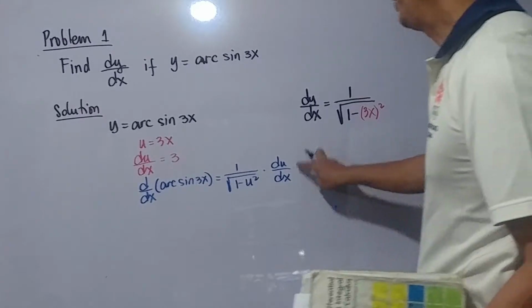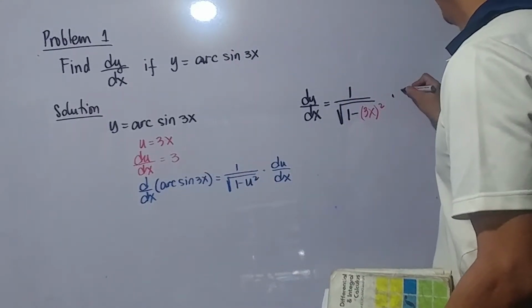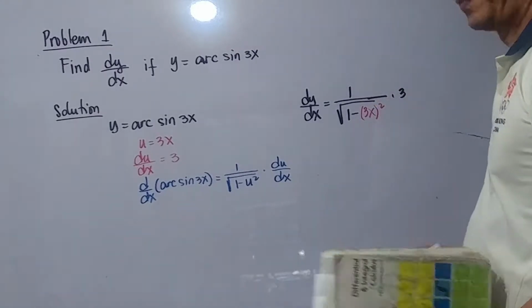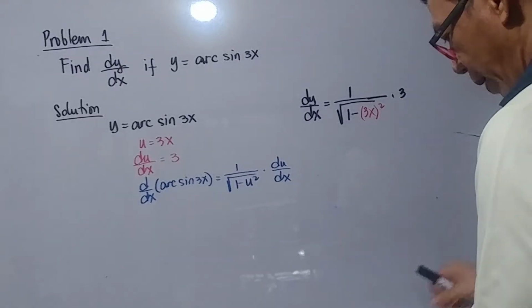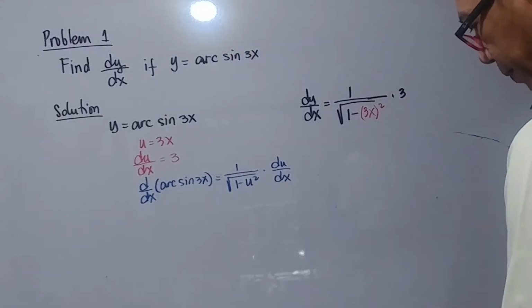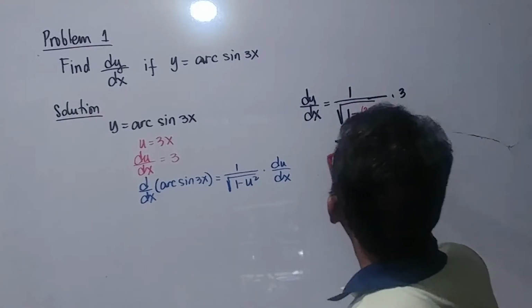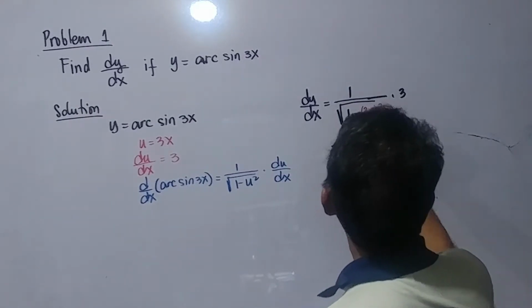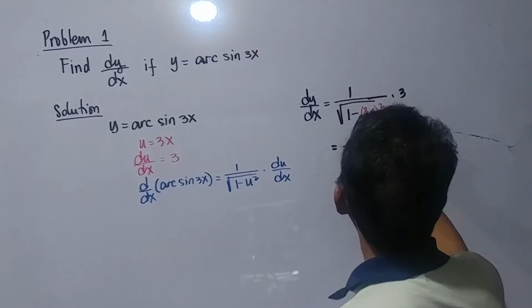And our du dx is 3. Okay? So, just substitute values. So we have now 3 over the square root of 1 minus 9x squared.